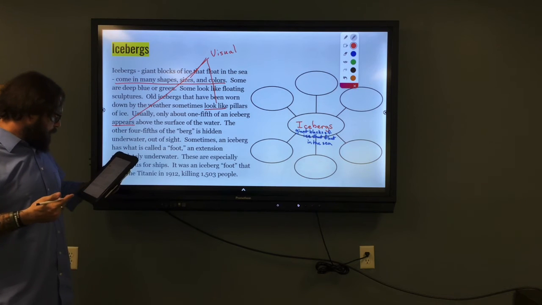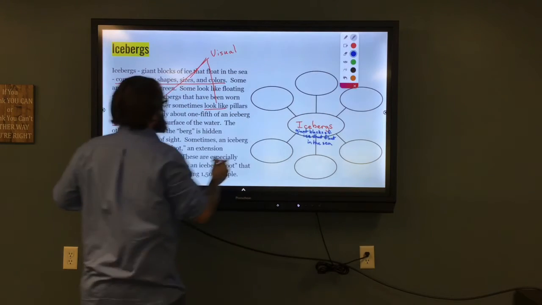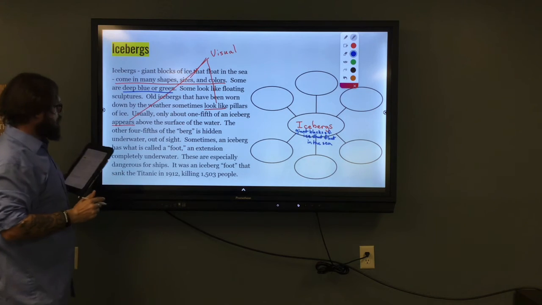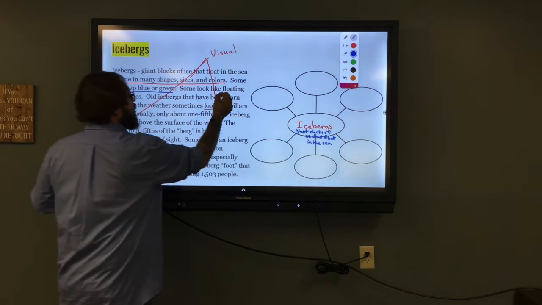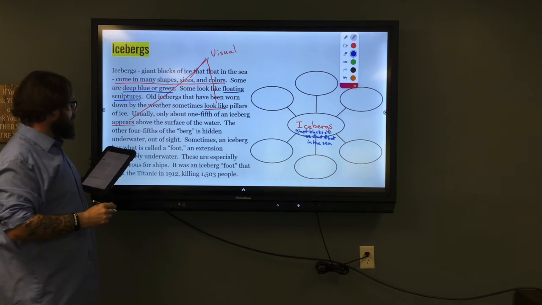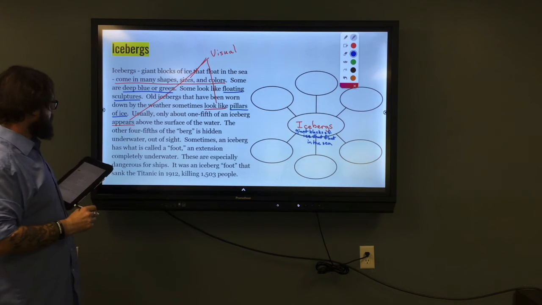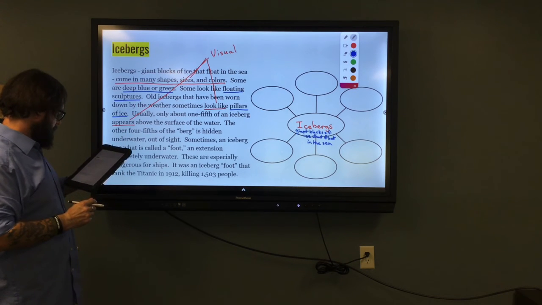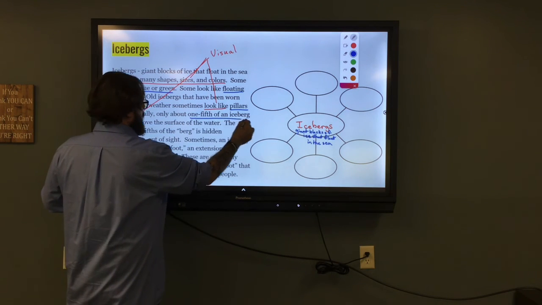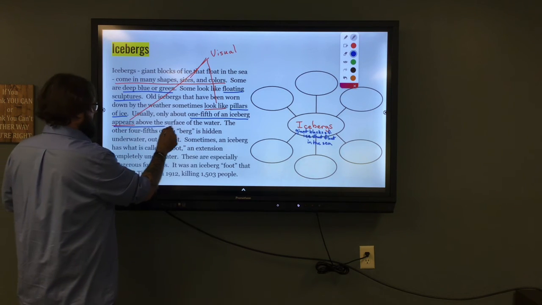Some of the details that are provided in the passage, we see that he says that they are deep blue or green. Some look like floating sculptures, pillars of ice, and then 1/5 of the iceberg appears above the surface of the water.